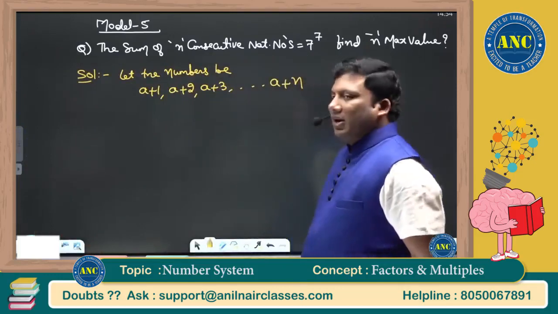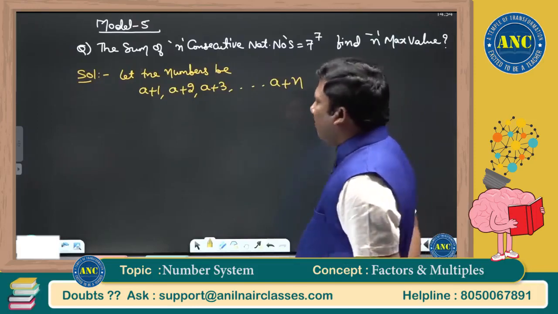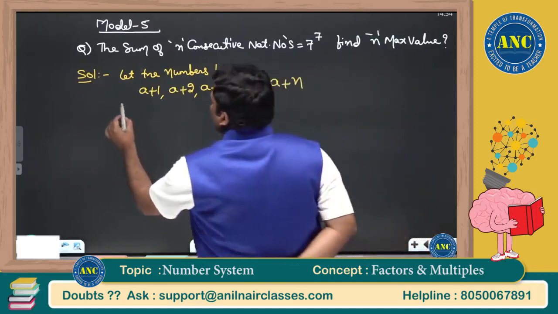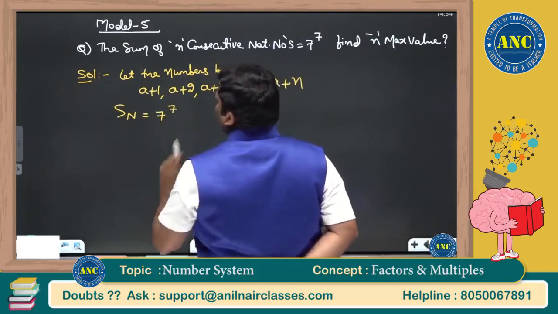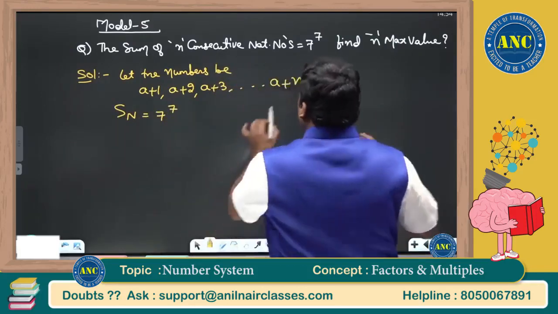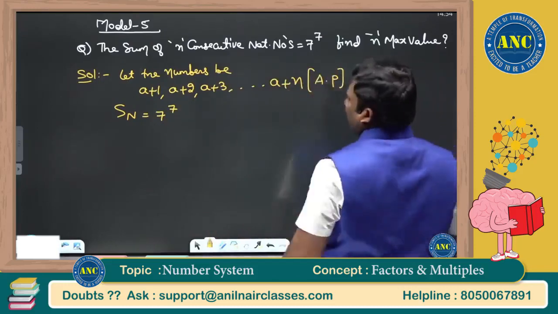So let the numbers be a plus 1, a plus 2, a plus 3, and so on up to a plus n. The sum of n consecutive numbers is 7 power 7. The series is consecutive, which means it is in arithmetic progression.